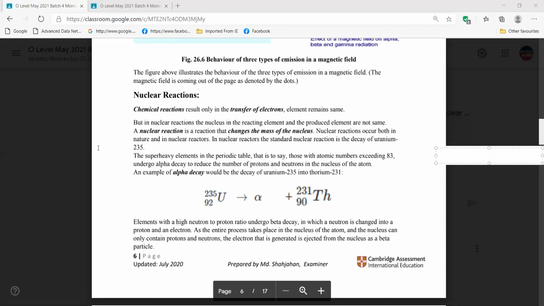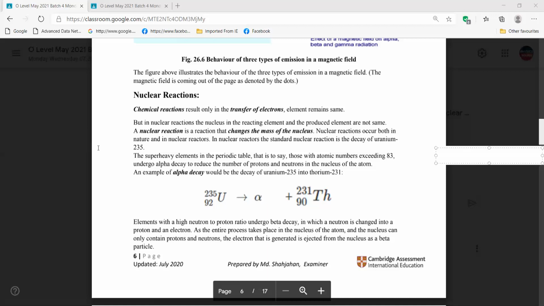Okay, sir. Chemical reaction results only in the transfer of electrons. Element remains the same. But in nuclear reaction, the nucleus is the reacting element and the produced elements are not the same. The nuclear reaction is the reaction that changes the mass of the nucleus. Nuclear reaction occurs both in nature and the nuclear reactor.